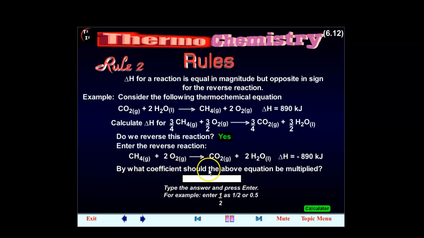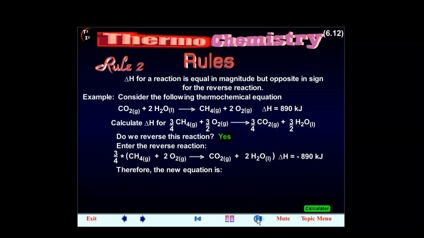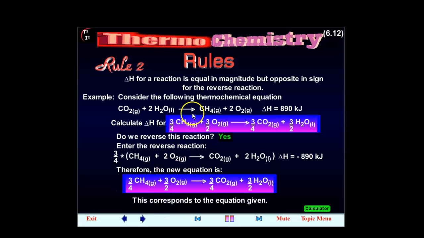By what coefficient should the above equation be multiplied to get this? Yes, you multiply by 3/4 to get this reaction. Multiply it by 3/4 or 0.75 to give you this equation. Therefore, the new equation is this.